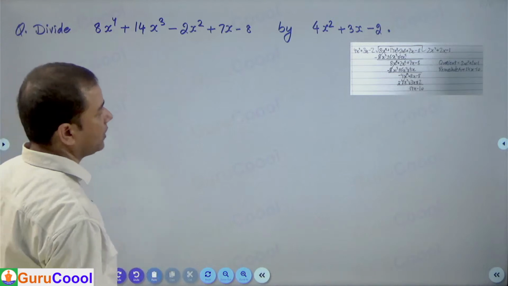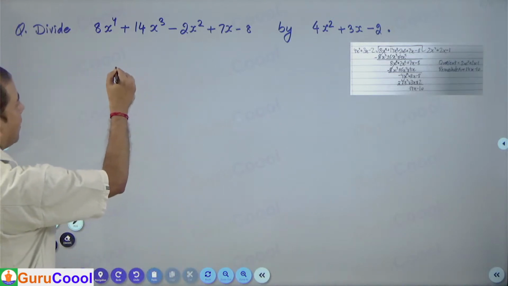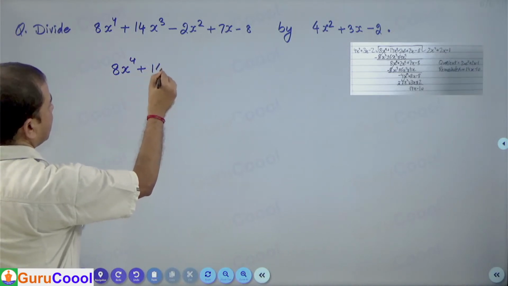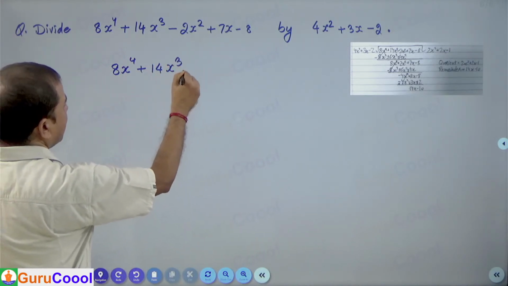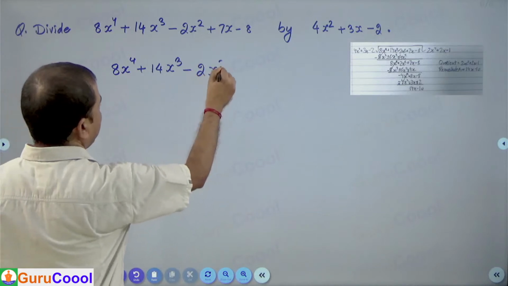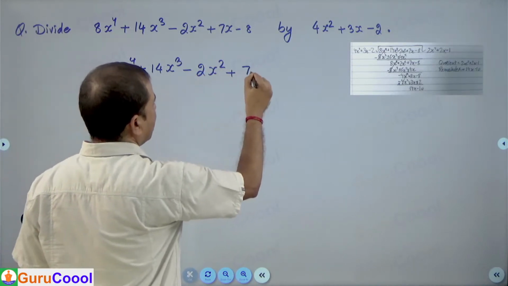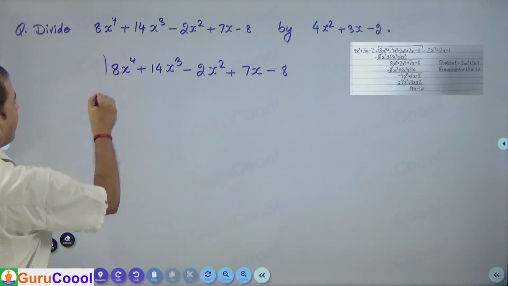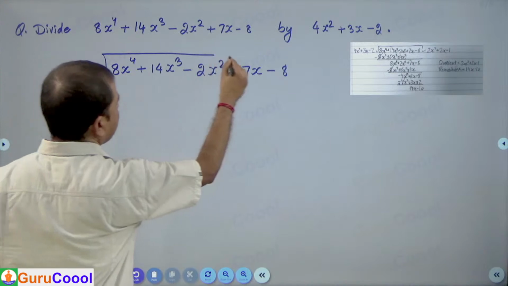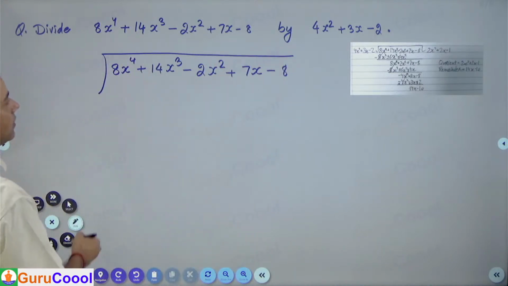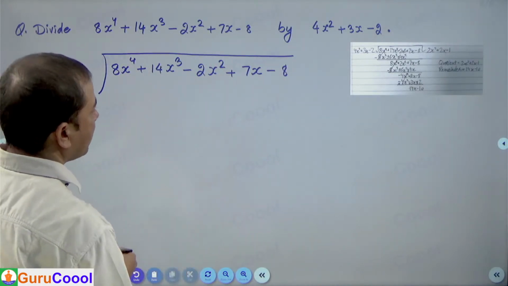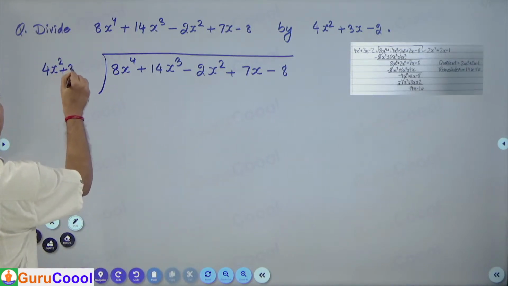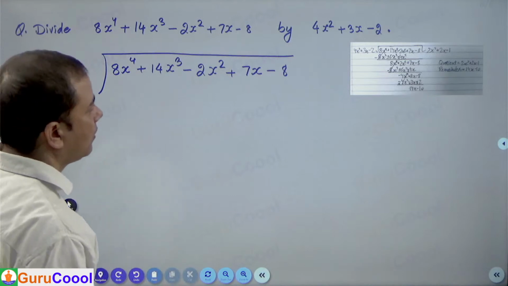Just say first one. 8x power 4 plus 14x cube minus 2x squared plus 7x minus 8. And divisor 4x squared plus 3x minus 2.